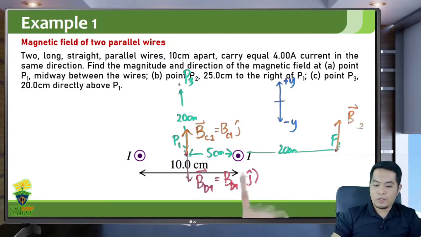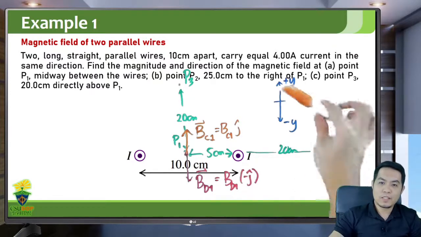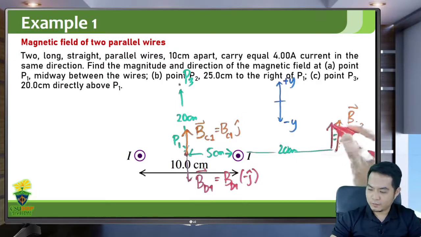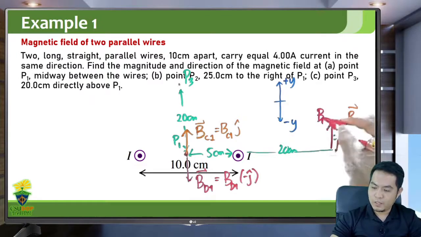And for wire D, it's also clockwise again, so at this point here, also upward. We have the same direction, BD2.